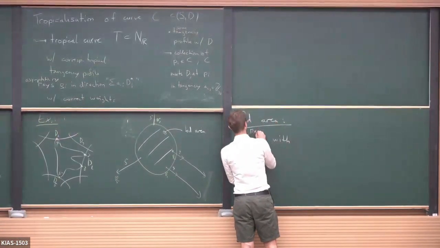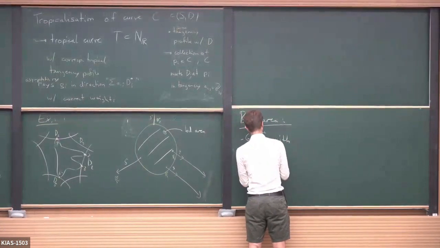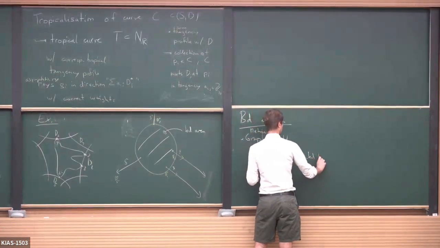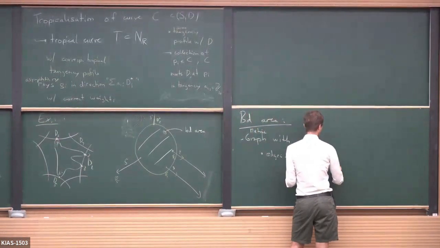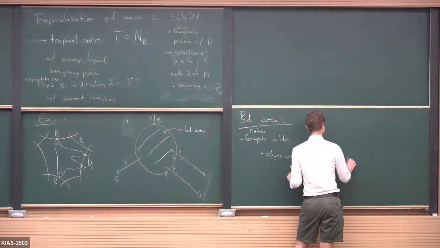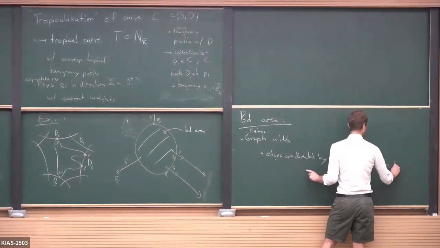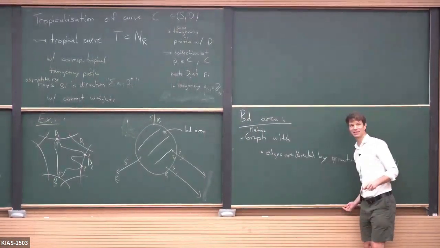It's a metric graph where the edges are directed by primitive elements in N, in our lattice.